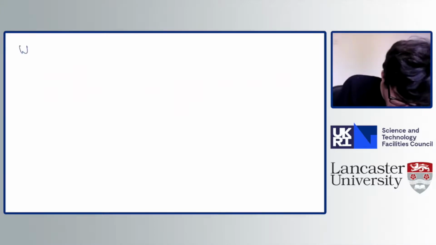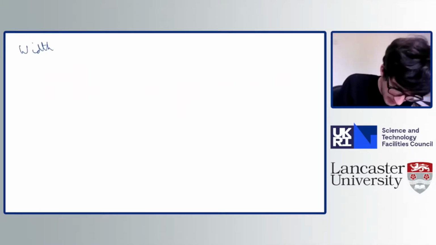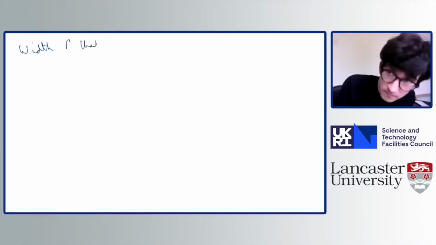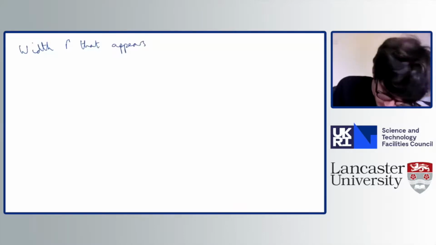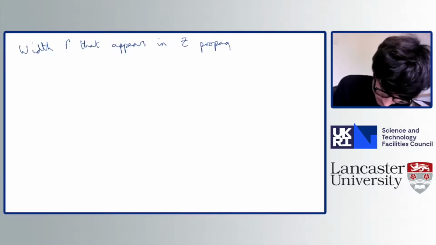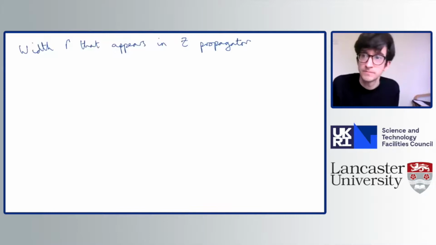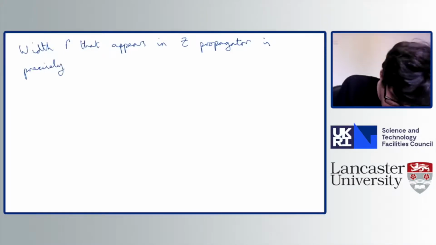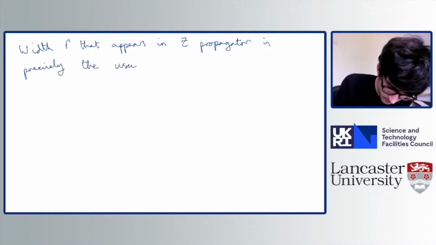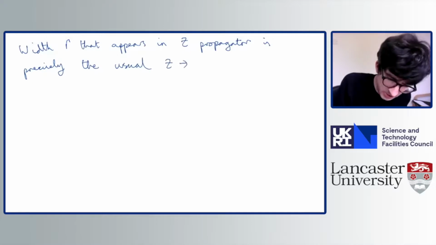So the width, the gamma that appears in our Z propagator, is precisely the usual Z decay width.